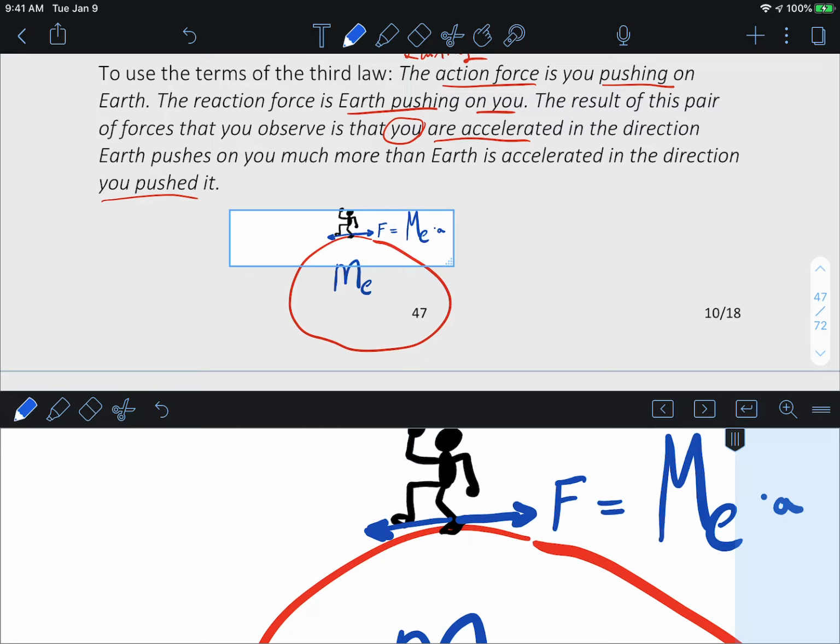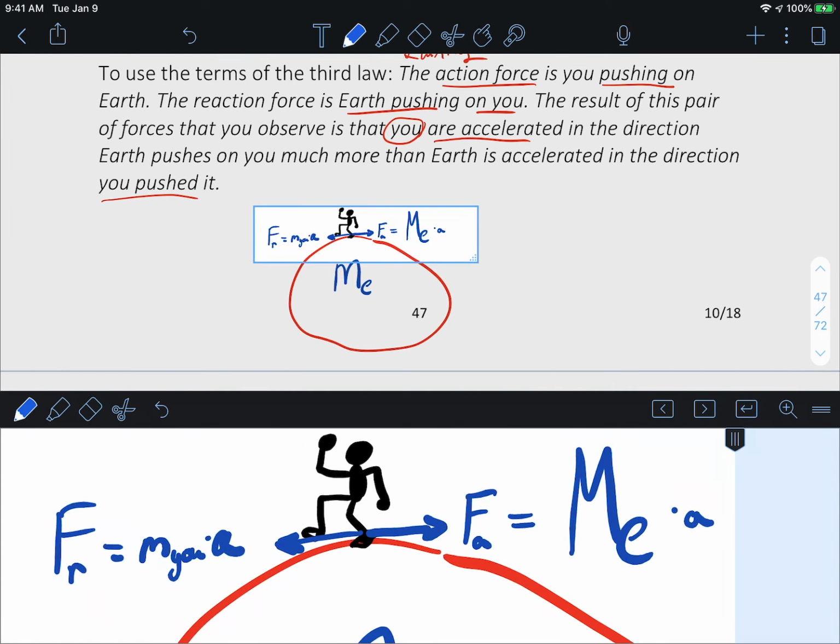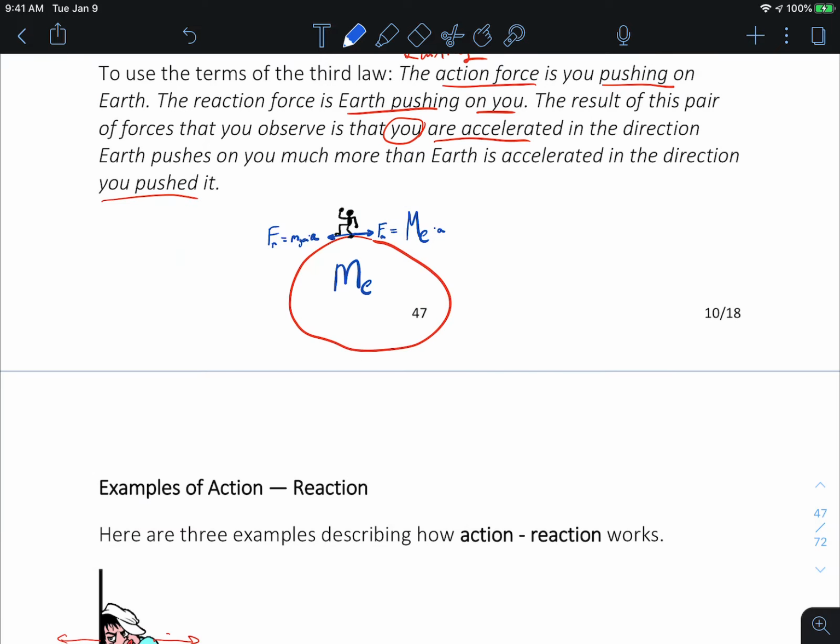And then over here, this is the Earth's effect, right? This is the force of the action. This is the force of the reaction. And it's equal to your mass, you, times acceleration. They are different accelerations, and different accelerations give the same force. So the forces are equal, but the masses are not.